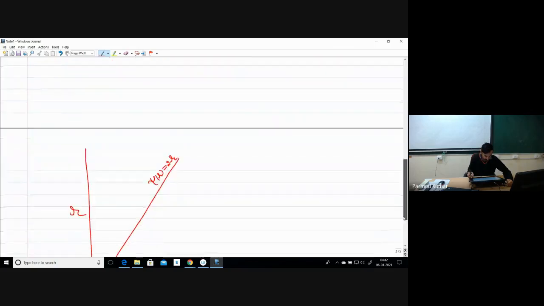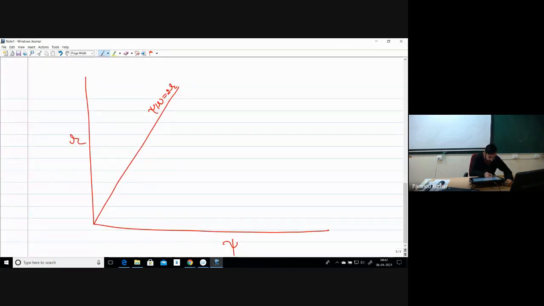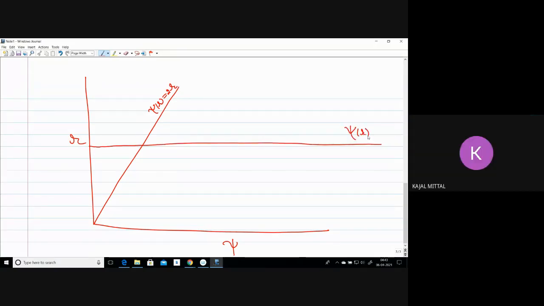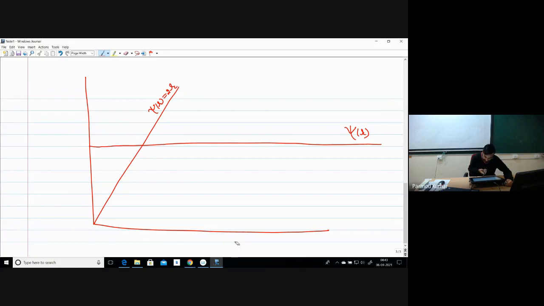Sorry, I made a mistake: this has to be r, and this has to be psi. So this is psi(r) equal to 2. The first line is psi(r) equal to 2r, and the second line is psi(r) equal to 2.